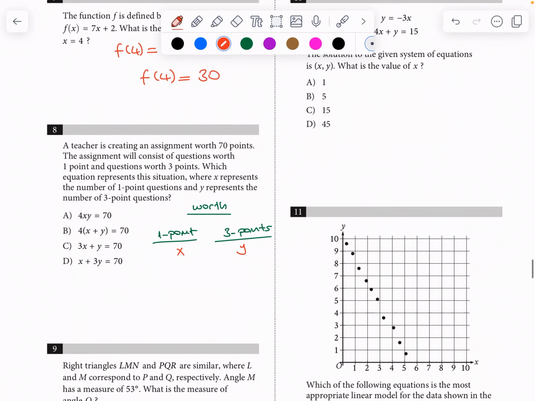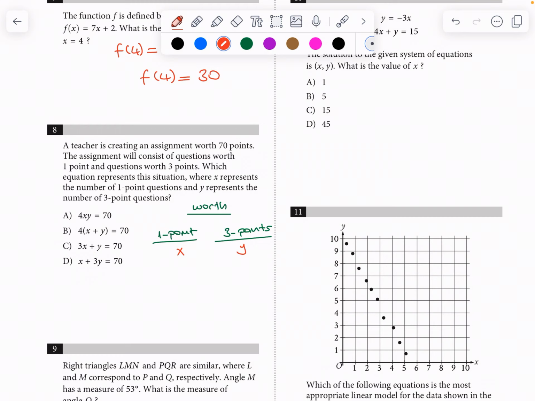Next question, question 8. A teacher is creating an assignment worth 70 points. The assignment will consist of questions worth 1 point and questions worth 3 points. Which equation represents the situation, where x represents the number of 1-point questions and y represents the number of 3-point questions? So to find the total worth of all questions, guys, we just need to multiply the worth of each question by the number of each question, and we just add them all together.